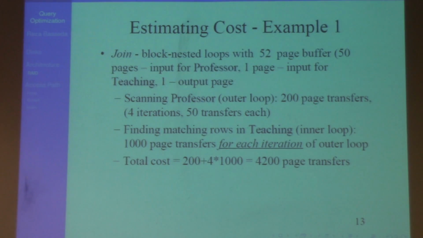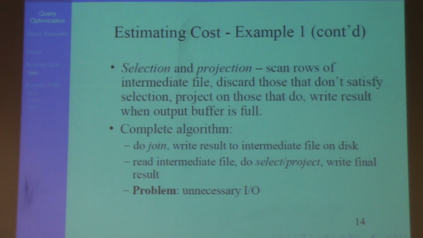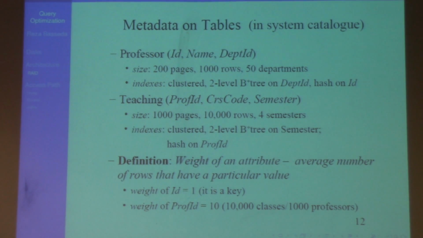How much did it cost? 4,200 page transfers from the beginning for the join. Then for the select and projection, you also have at least how many pages? At least 1,000 pages.